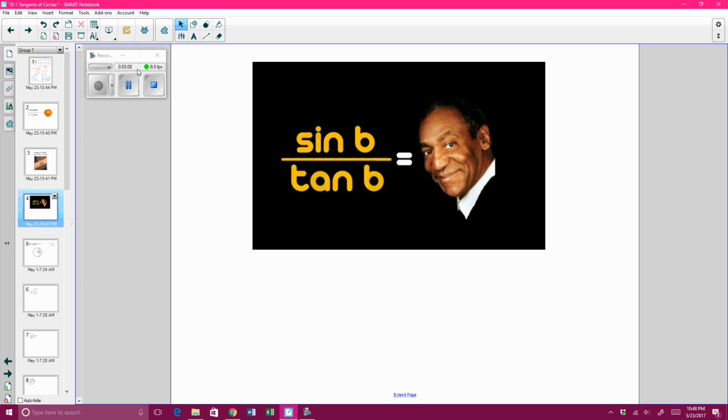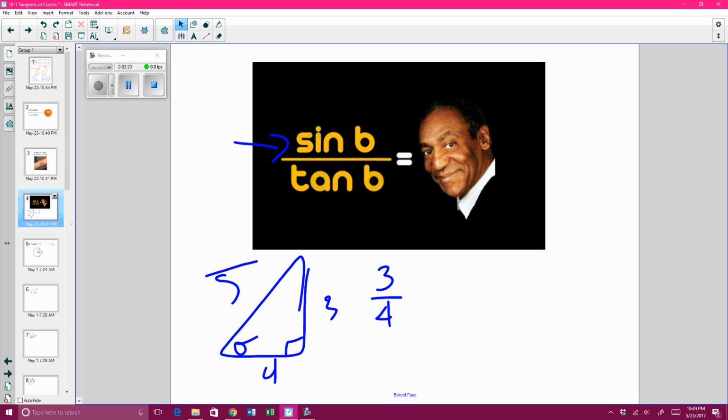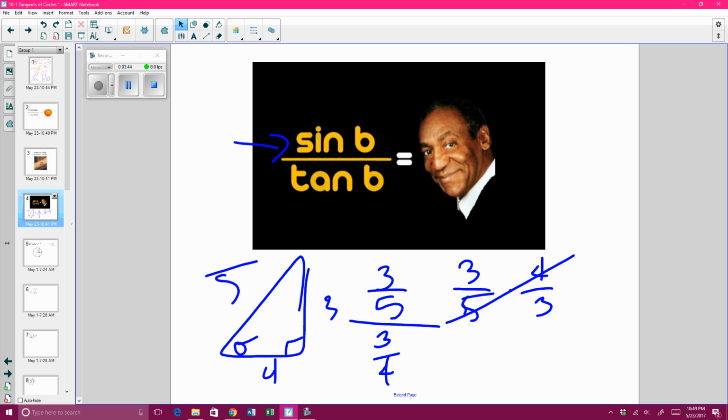And for the last one, let's just look real quick at a triangle. We'll just do a 3, 4, 5. It's telling me that sine of b, which in this case would be 3 over 5, divided by the tangent of b, which would be 3 over 4, so if I divide 3/5 by 4/3, what am I doing here?